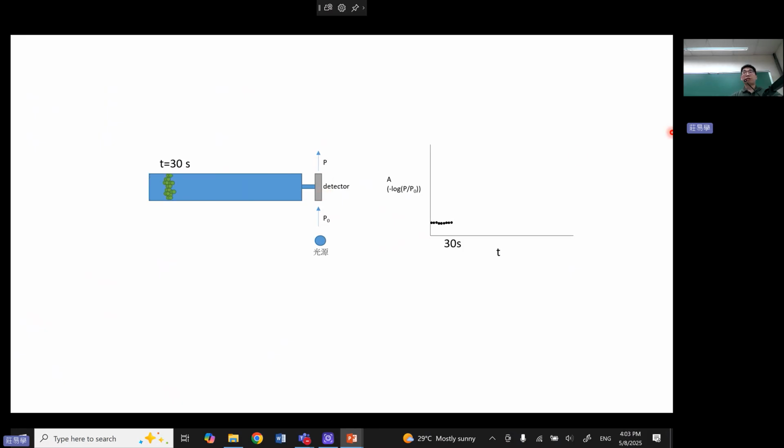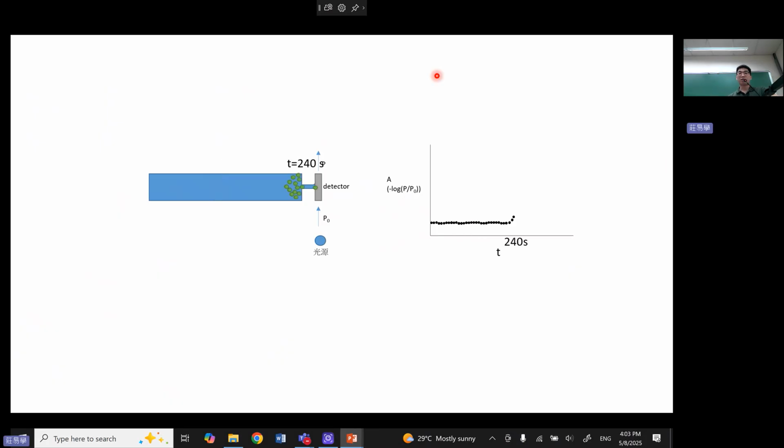Over time, the mobile phase is pushing the compounds towards the right-hand side. Also, try to imagine that you have a stream of liquid continuously pushing the whole thing forwards. So at time 30 seconds, still nothing coming out, and the absorbance remains at a low level.